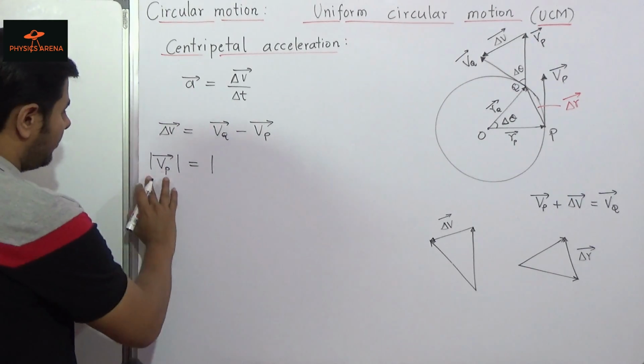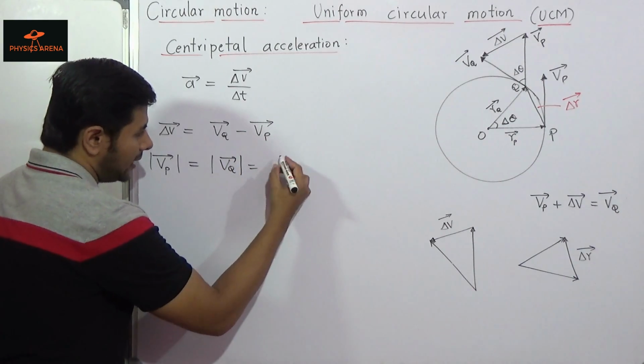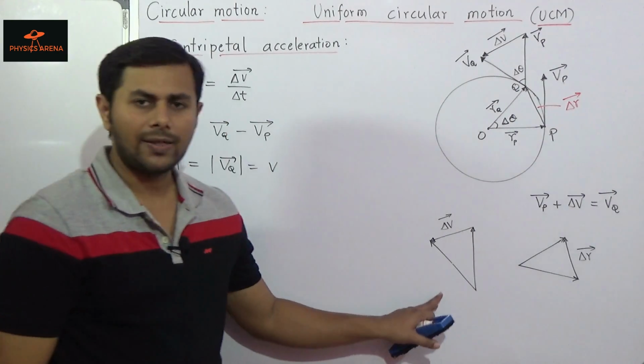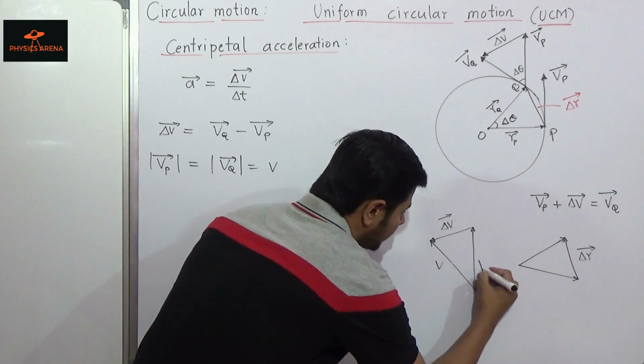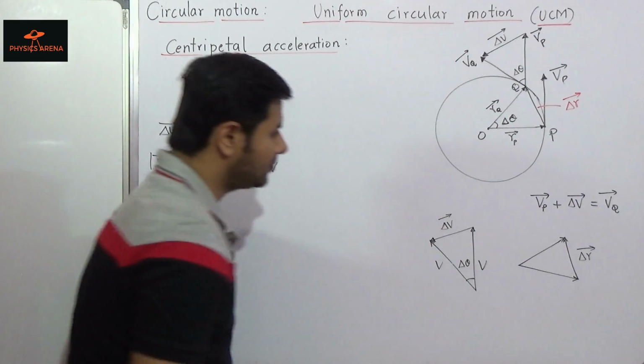So we can say the magnitude of VP bar is equal to the magnitude of VQ bar, and that is equal to, suppose, V. So for this triangle, we have the length of this side equal to the length of this side, and it is V. The angle between those two sides is delta theta.